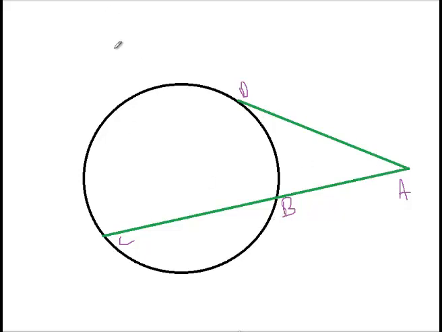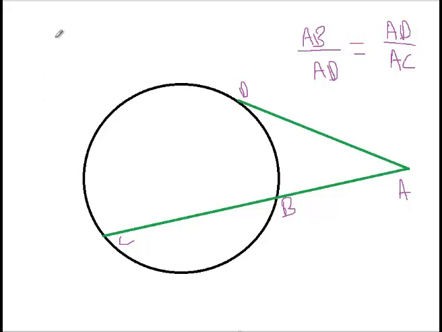And the rule is that AD is the mean proportional between AB and the whole thing, AC. Which means that if you put together two fractions, AB over AD is the same as AD is to the whole thing, AC. In the study guide, it writes the formula a little differently.